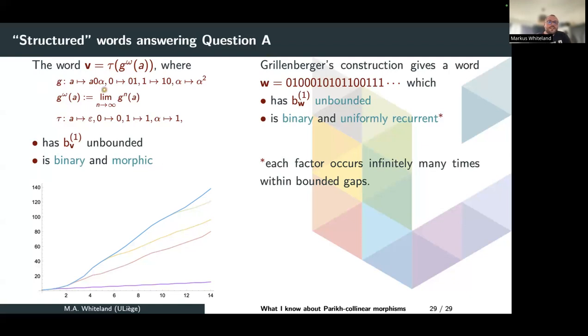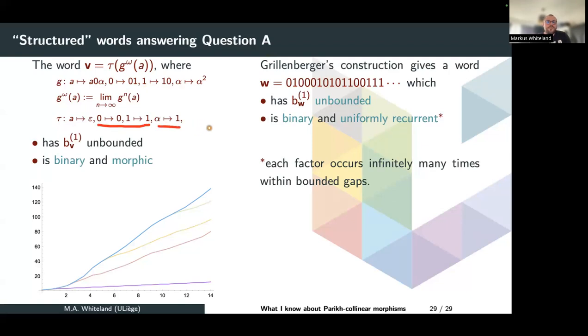The point is that essentially we're going to build the two-amorph morphism into the word as a substructure, and just to make the abelian complexity function unbounded, we'll have arbitrarily long runs of ones after this coding, where tau essentially keeps the two-amorph word as a substructure.